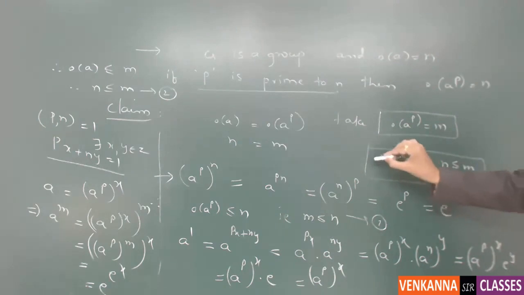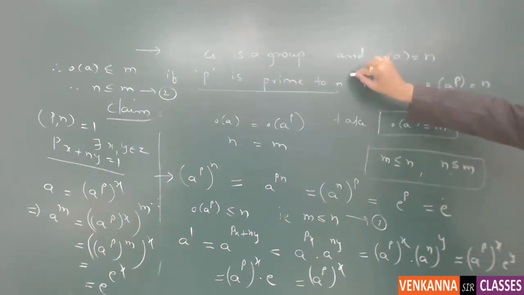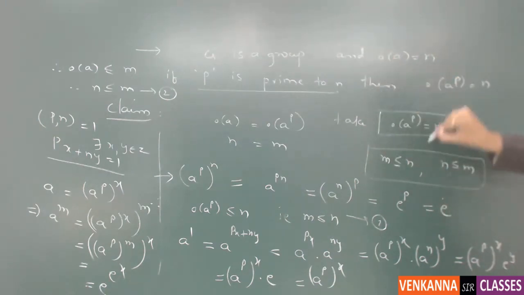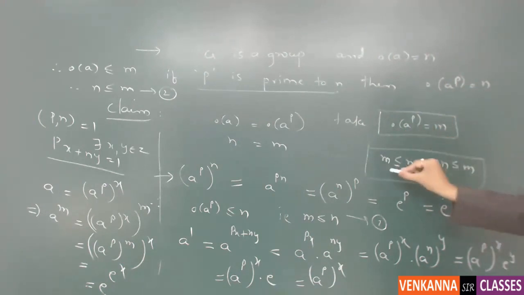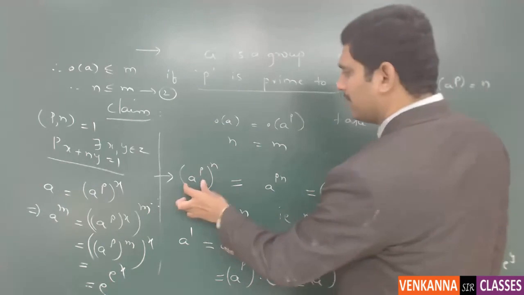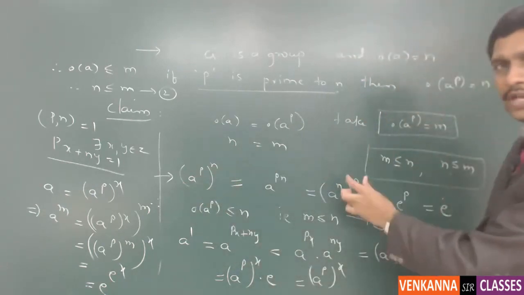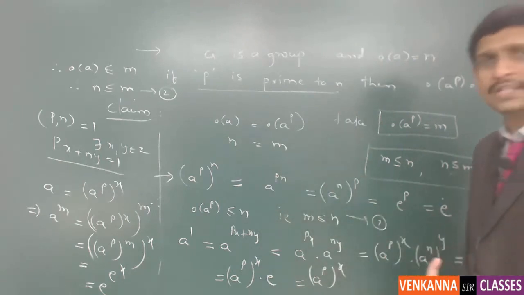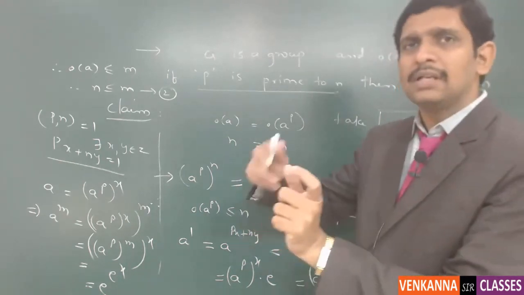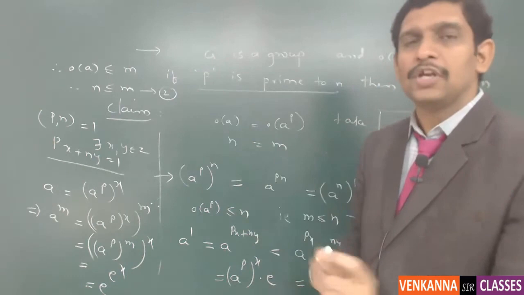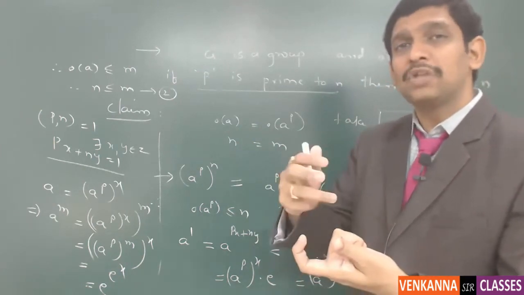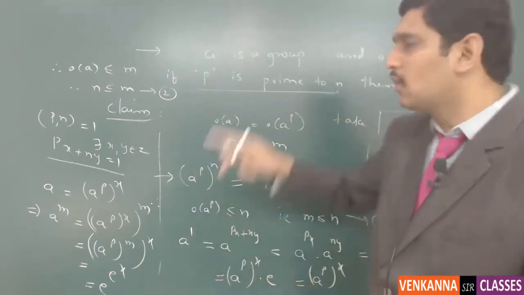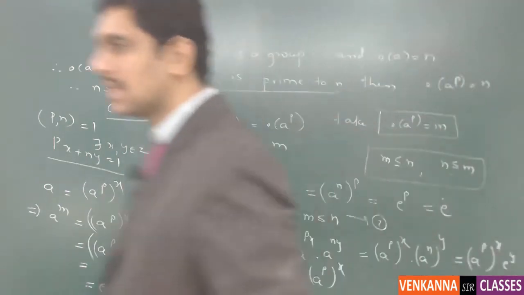Since I am proving this problem based on order of an element, to get these inequalities, I have to show that order of a^p is less than or equal to order of a, and order of a is less than or equal to order of a^p. So you take this number raised to the other number's power, and you take another number raised to the power of the other one. That is the whole thing you have done in these equations, nothing else.